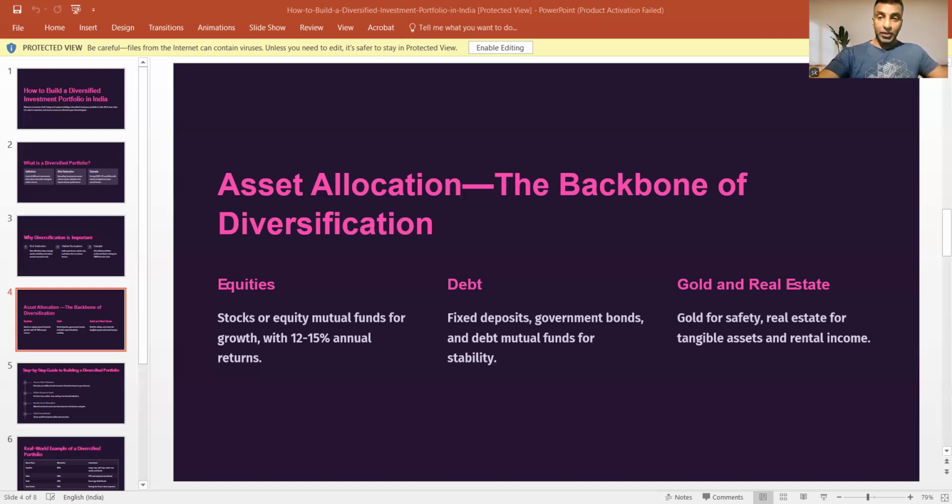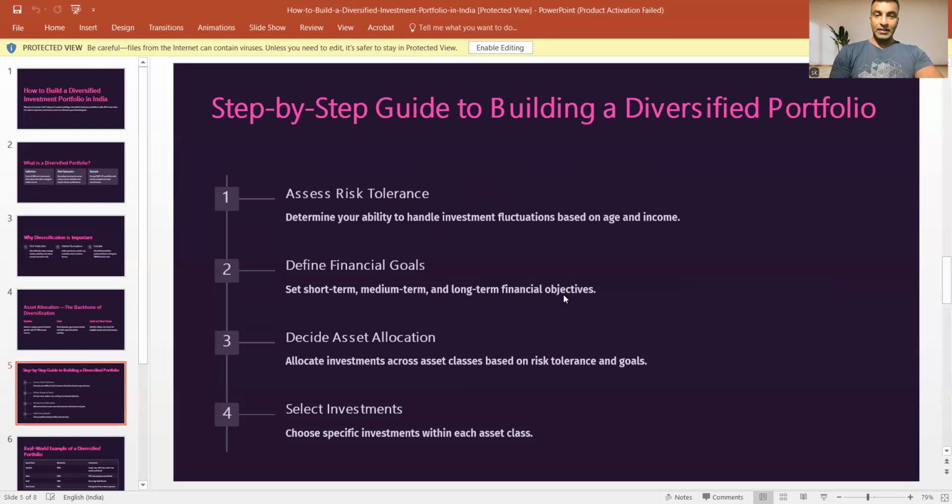But remember to keep it minimum, due to the volatility. If it works very well, good, but otherwise, it can go bad also. So that's about the asset allocation part.